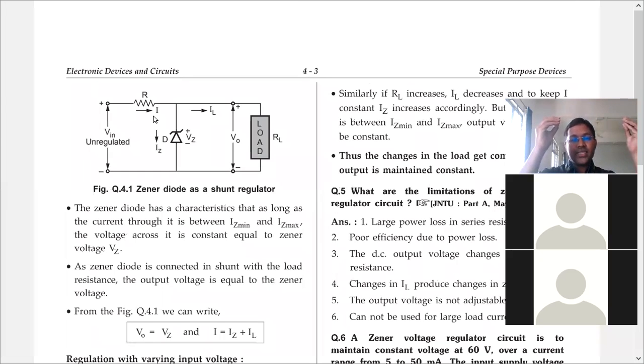Remember this word, difference. Voltage is also called potential difference. So, Ohm's law: I is potential difference by resistance. Voltage at this point minus voltage at this point, by this resistor. So, what will I be?